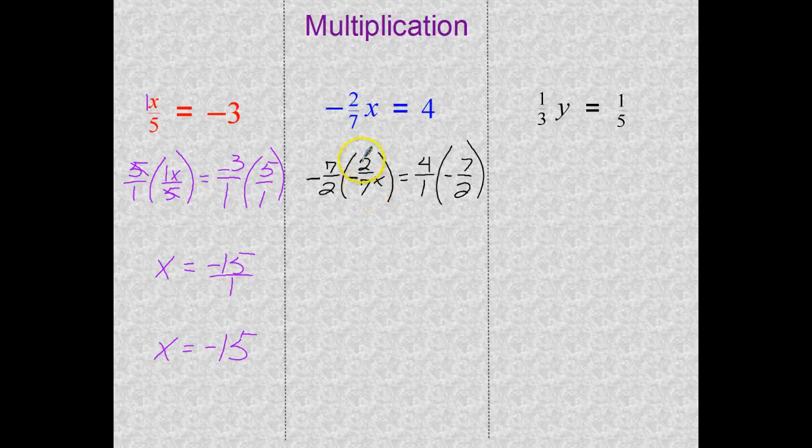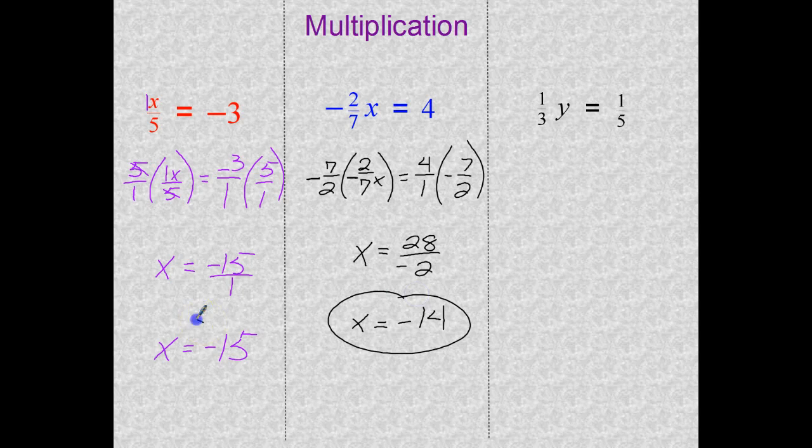So cancel, cancel, all into ones. So 1x is equal to, what do we have? 28 over 2 with a negative anywhere within there. So we have x equaling negative 14. Remember, you can always check, put the answer back into your original equation and see if that negative 14 is actually the answer when you multiply that out to get 4.